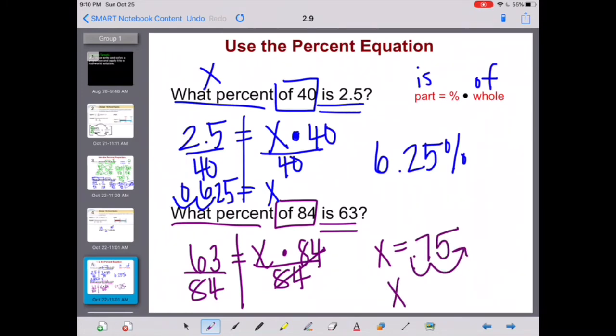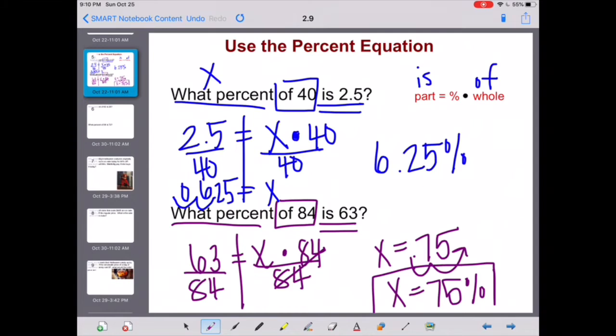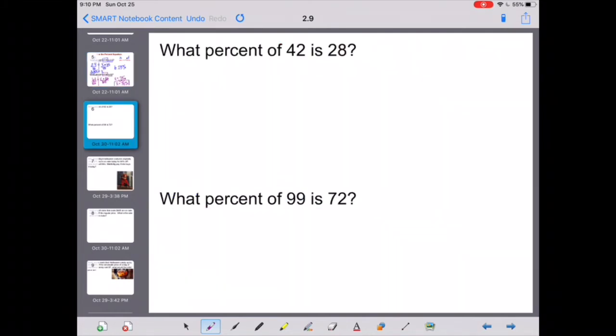I get x equals 0.75. Then I need to turn it into a percent, and I find out that 63 is actually 75% of 84. Okay, that's the one extra step. When you're using the percent equation, it's going to give you a decimal. You have to move it 2 places to the right to turn it into a percent.